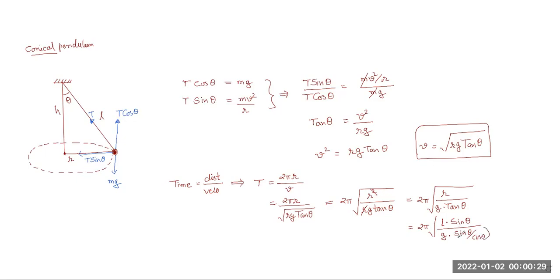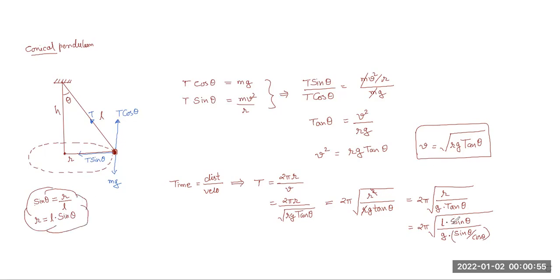This is just the manipulation part. What formula have we used here? Sine theta is equal to r divided by L, that is r equals L sine theta. This is from the diagram.